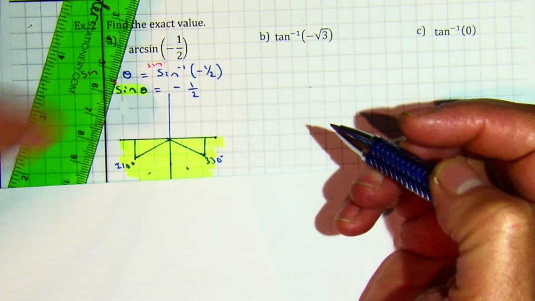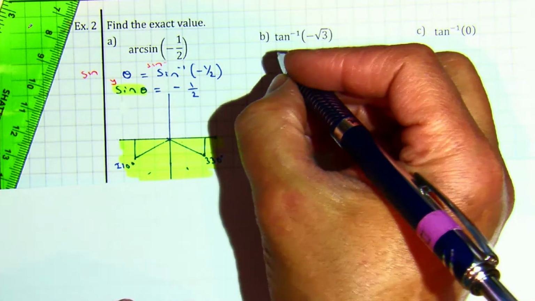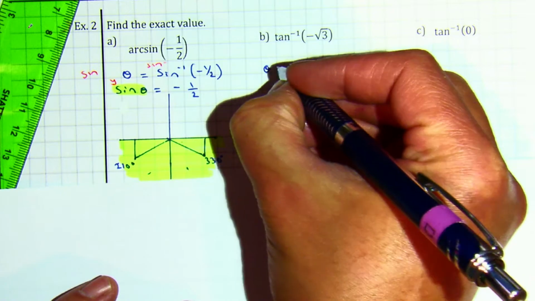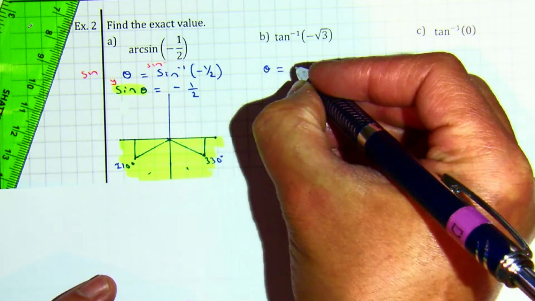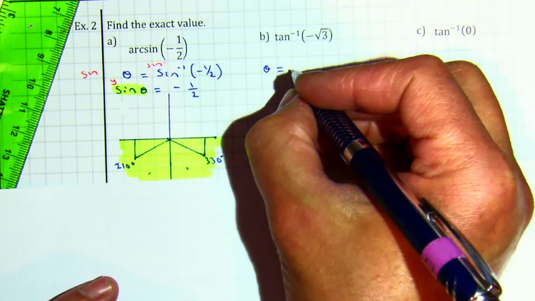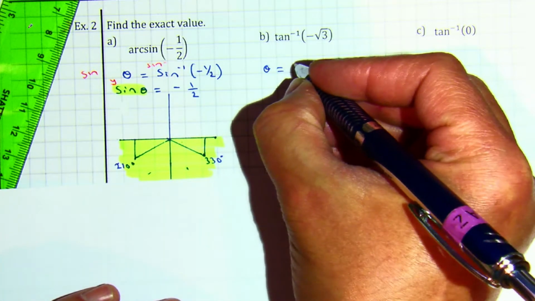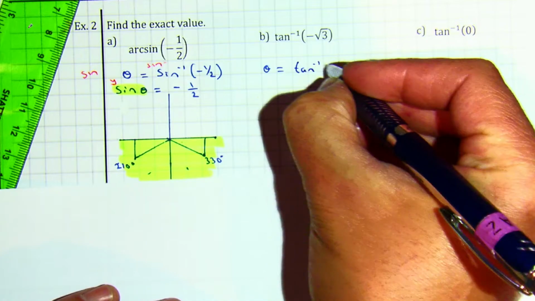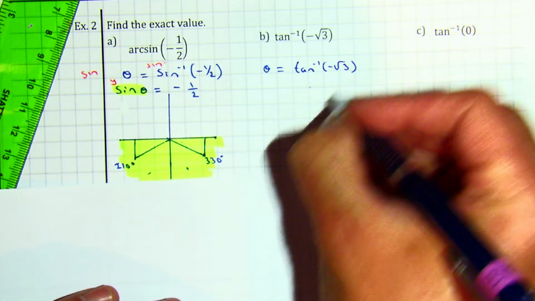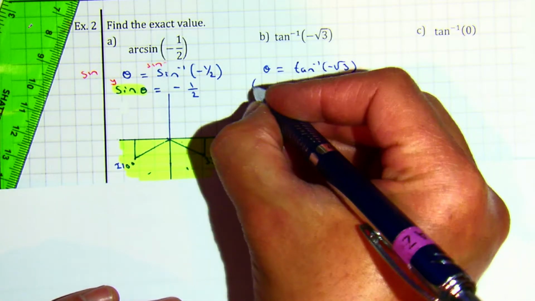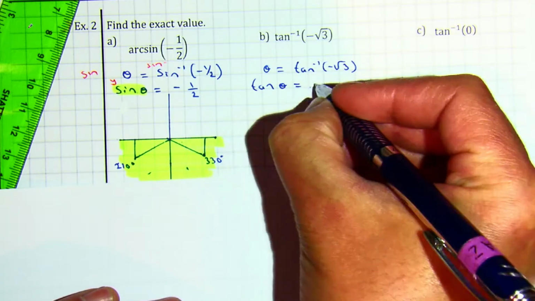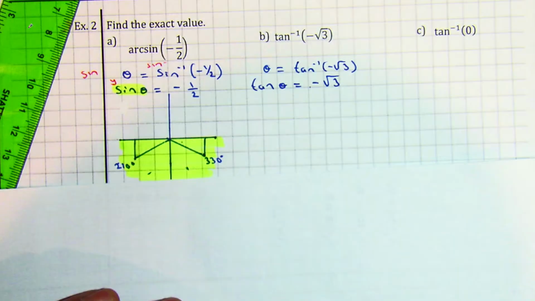Letter B. We can take the time to rewrite it as the angle of y equals the tangent inverse of negative square root of 3. Take the tangent on both sides, so therefore the tangent of the angle is equal to negative square root of 3.